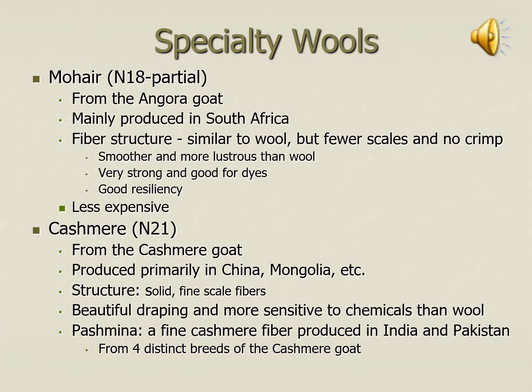It depends on if it's a blend or not, but cashmere is considered to be more of a luxurious fiber. A cashmere sweater is usually going to be priced a bit higher, so it tends to be associated with higher cost, higher quality, especially if it's pashmina, which is a fine cashmere fiber that's produced primarily in India and Pakistan, and those fibers come from 4 distinct breeds of the cashmere goat.